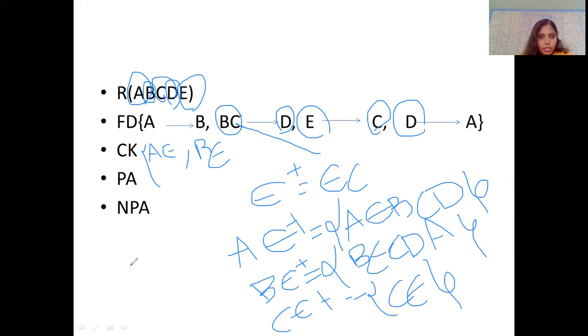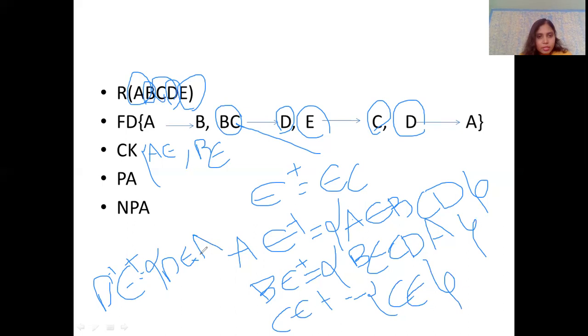Now along with E, I will add D and check the closure. So now I'll find DE plus. Since it is reflexive, D can be obtained using D. Now I'll check whether D is determining any attribute. Yes, D is determining A. So I'll write A in the list.